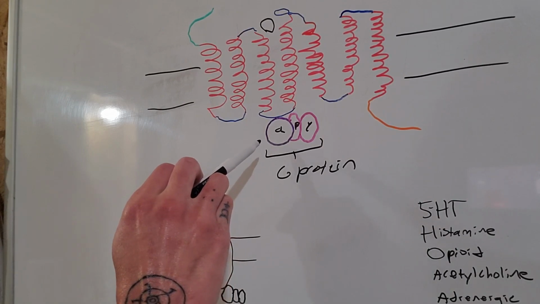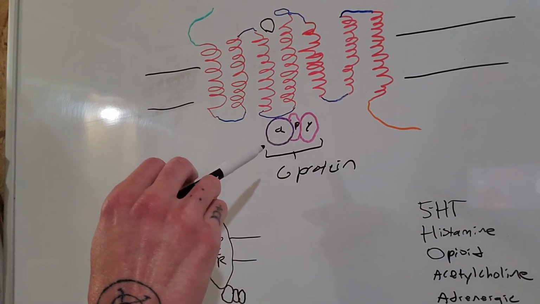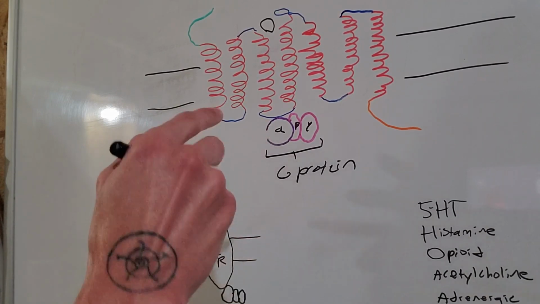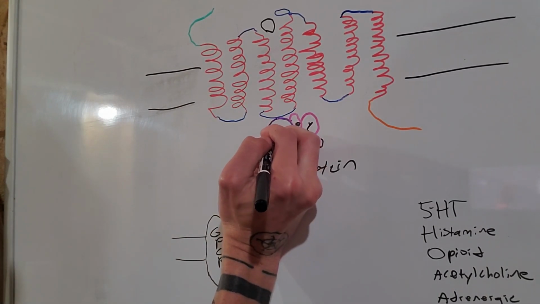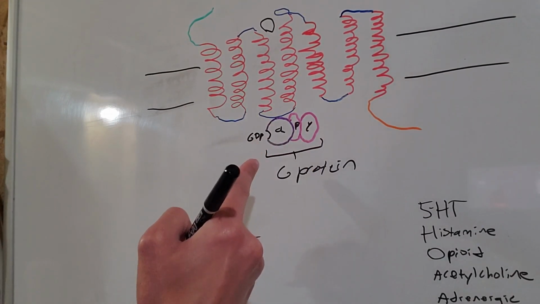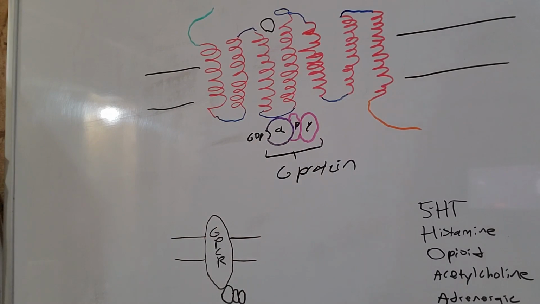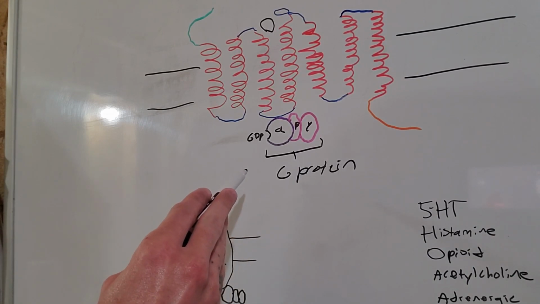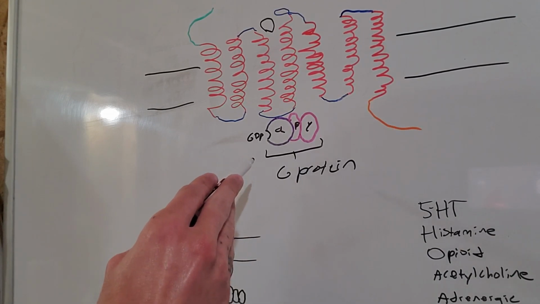When these G proteins are inactive, when there's nothing bound here, the alpha subunit has a site in which we have GDP bound, guanosine diphosphate. Now, for the G protein to become activated, we need GTP to bind to that site.